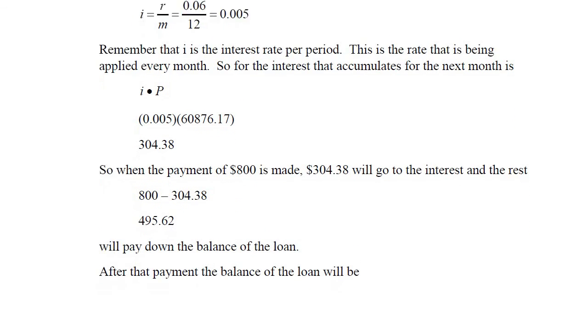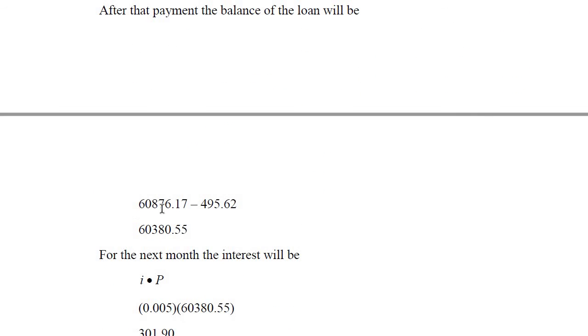So that's going to drop the balance of the loan. The new balance of the loan is going to be $60,876.17 minus $495.62, which gives us $60,380.55. We're now basically going to repeat what we just saw above. We're just now going to be using this current balance, which is $60,380.55.